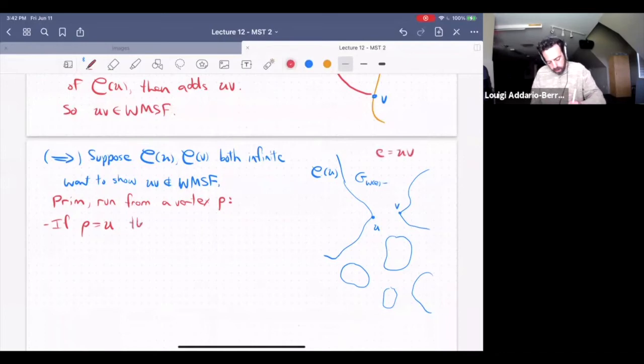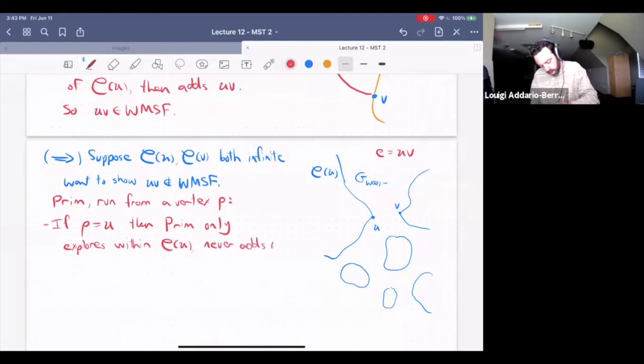So then Prim only explores within CU, and so never adds UV. And similarly, if we start Prim's algorithm from vertex V, well, then we have infinitely many edges to explore of weight less than weight of UV, and so we never explore the edge of weight UV.